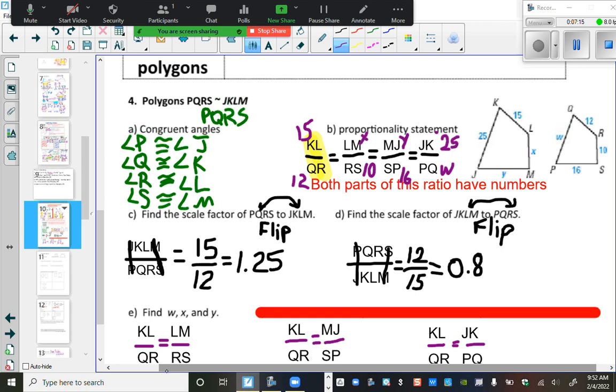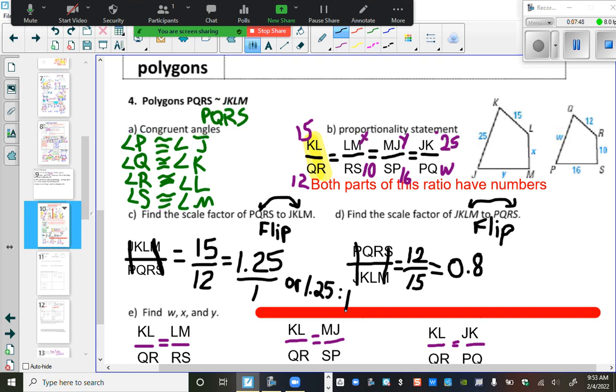Now, the one thing I'm going to do is a slight little update. Whenever you have something like this with the scale factor, you might see it as one. You know how we divided 15 over 12, it was 1.25? You might sometimes see it as 1.25 over 1, or 1.25 to 1.